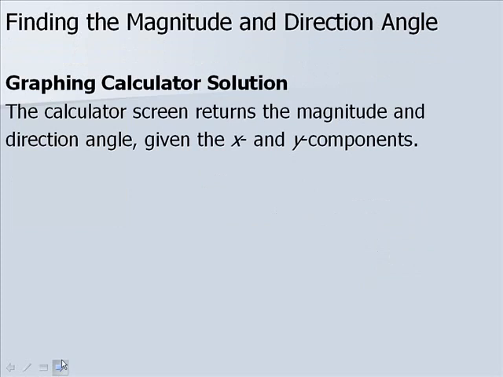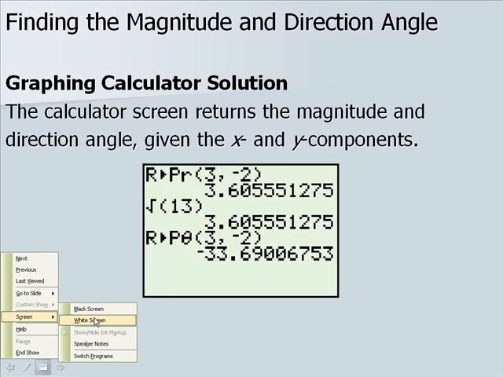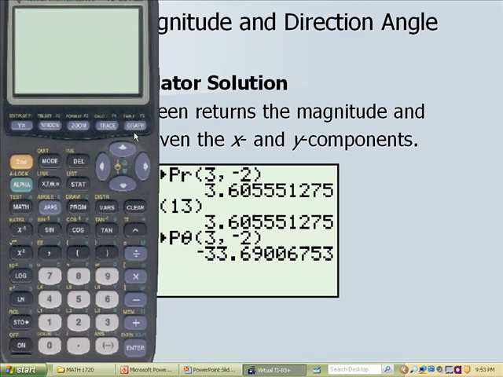Now let's look at our graphing calculator. The calculator screen returns the magnitude and direction angle given the x and y component. And here we see our calculator screen, so let's pull up our calculator and see the steps that got us here. In order to find the magnitude and direction angle, we're going to use our apps key because we want to get into our angle menu.